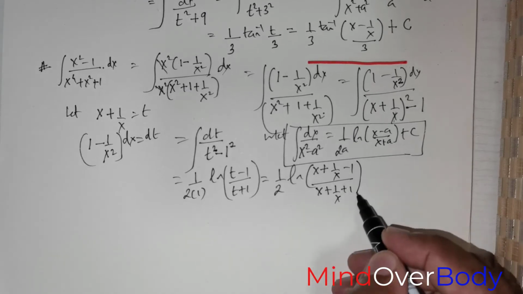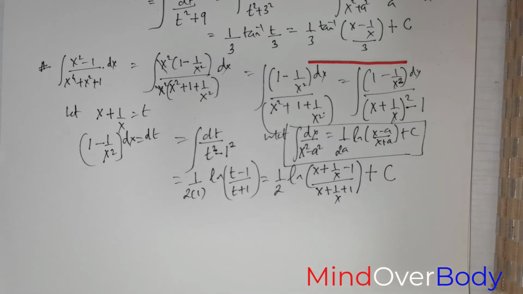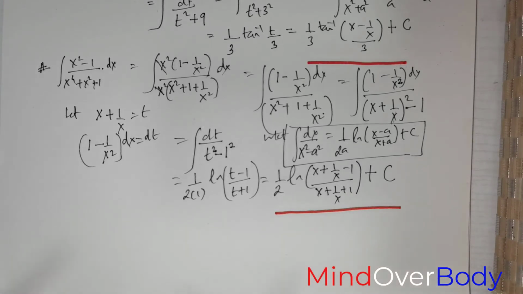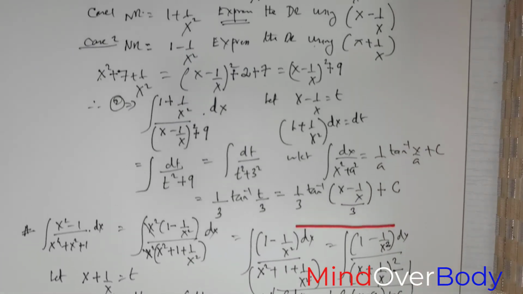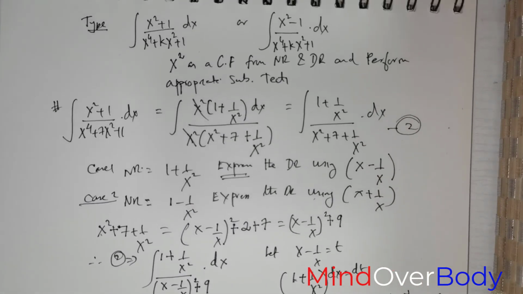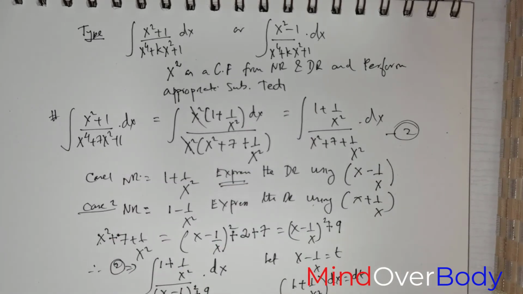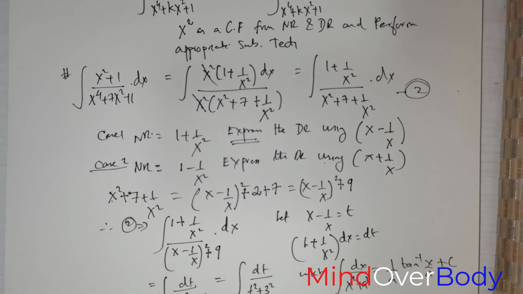So this is what we have got, and we have to place the arbitrary constant c, and this is a good place for us to draw the red line. So I have demonstrated 2 problems for these 2 cases, or for these 2 types which I have just mentioned. So we'll move on to the next question, students.